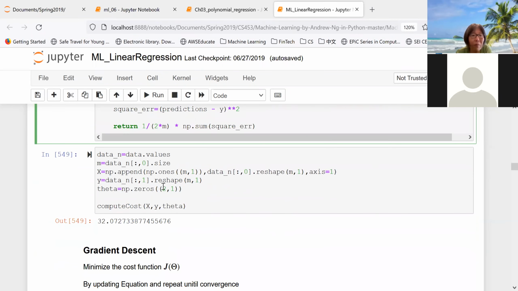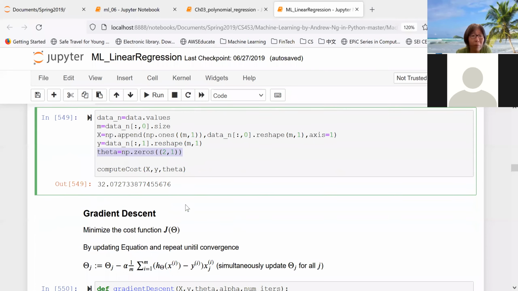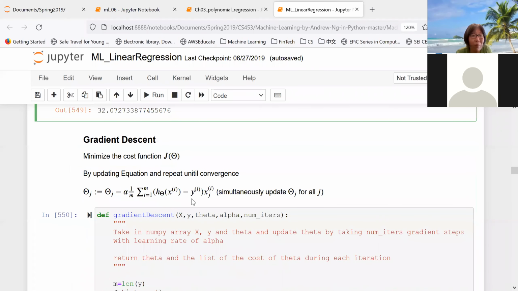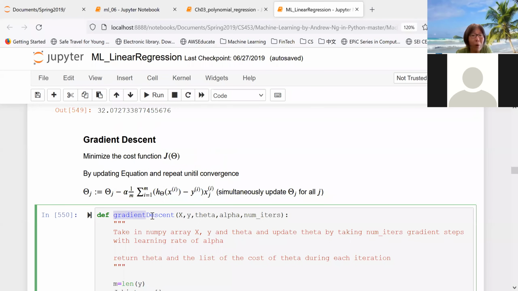And then, based on our data, the previous univariable data, we can also call the compute cost with a certain learning rate, okay. So it gives us the cost. And the next part is to show the raw gradient descent function.